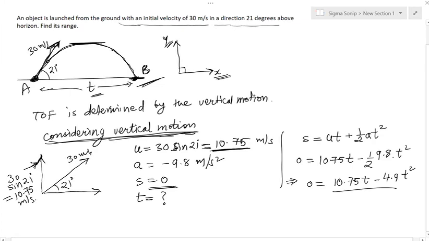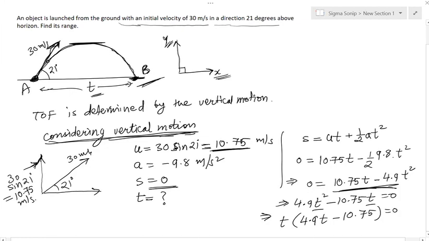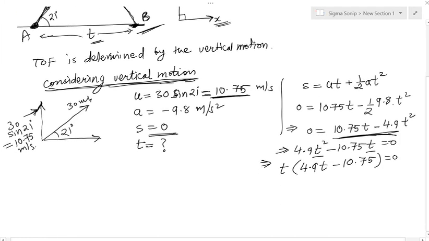I transfer both these quantities to the left, and it becomes 4.9 t square minus 10.75 t equals 0. This is a simple equation. I can take t common from both these terms, so t times (4.9 t minus 10.75) equals 0.